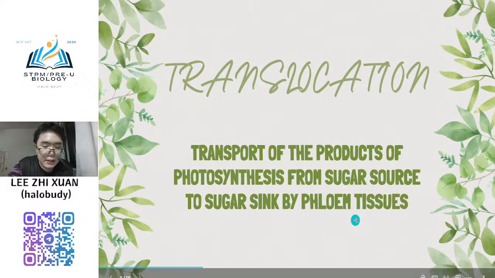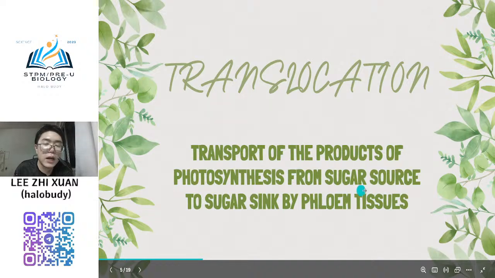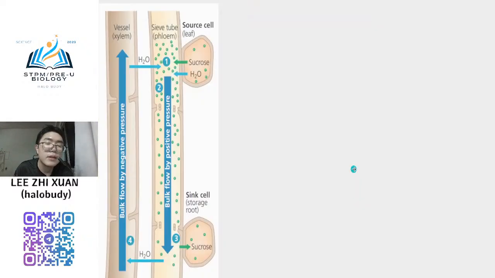So this is the definition of translocation: the transport of the products of photosynthesis, mainly sucrose or glucose molecules, from the sugar source to the sugar sink by phloem tissue. You need to know the meaning of sugar source and sugar sink.